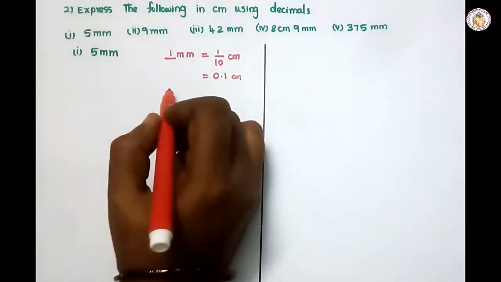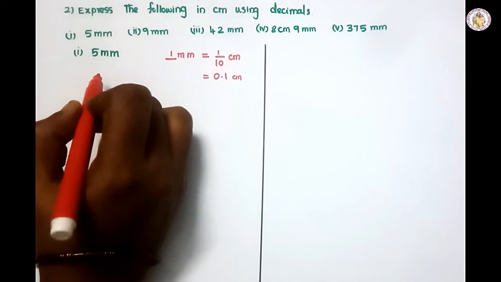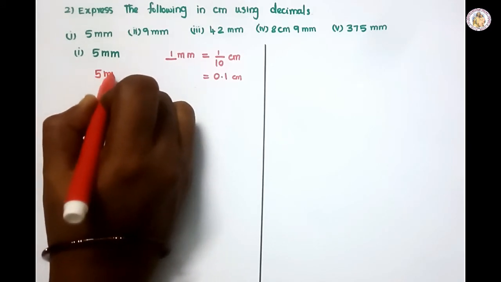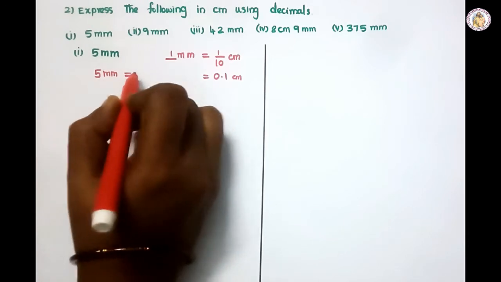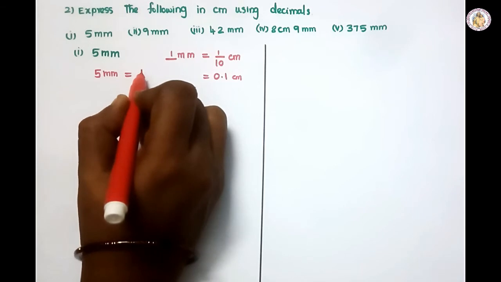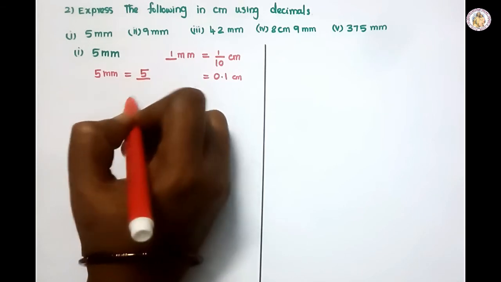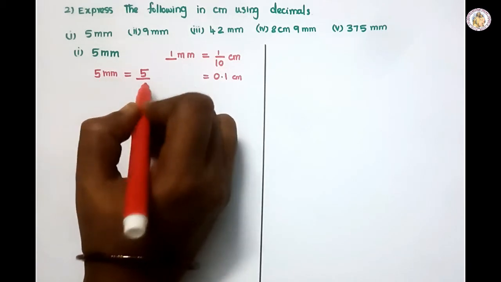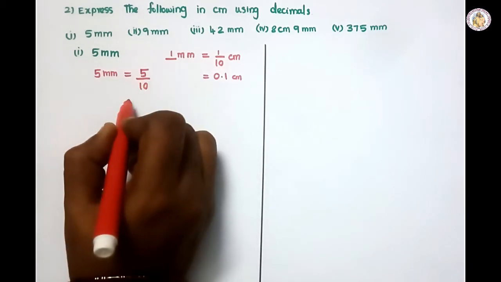Now 5 mm, that is 5 millimeter. Since 1 millimeter equals 1 by 10, 5 millimeter equals 5 by 10.